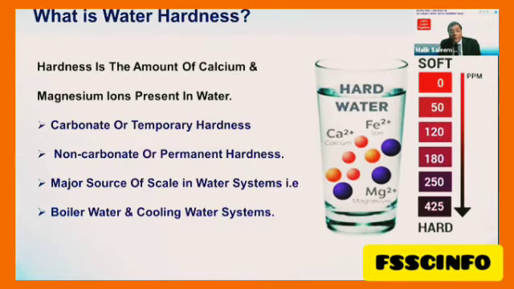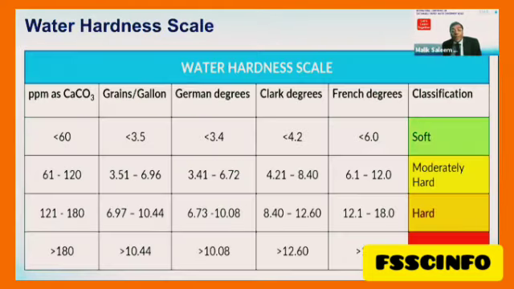Temporary hardness is mainly due to carbonates, and permanent hardness is due to non-carbonate compounds. A major source of scale in boilers and cooling towers, as I have already explained. And this is a table which I have shared for your information on how we generally categorize the water.